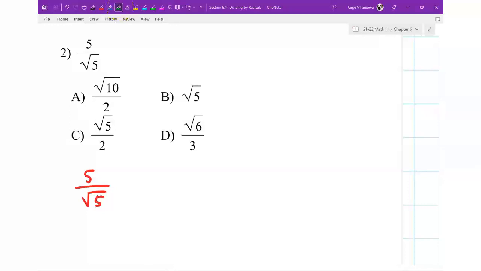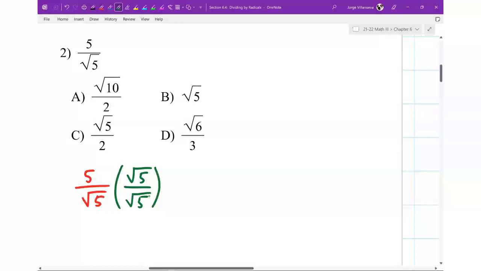Starts with the letter R. Yeah, rationalize, right? Rationalizing the denominator means get the problem, which is the square root of 5, and multiply by the thing that's causing the problem. So the top will be 5 square root of 5 over the square root of 25.